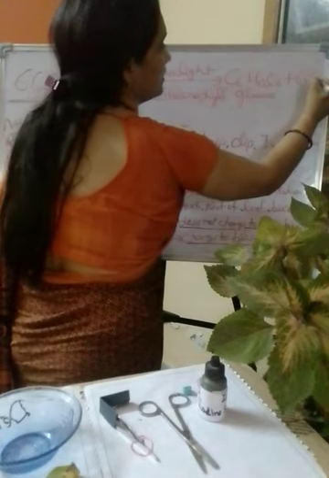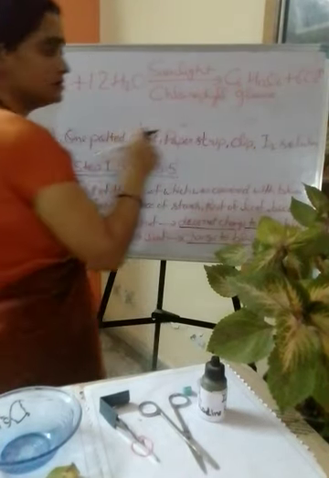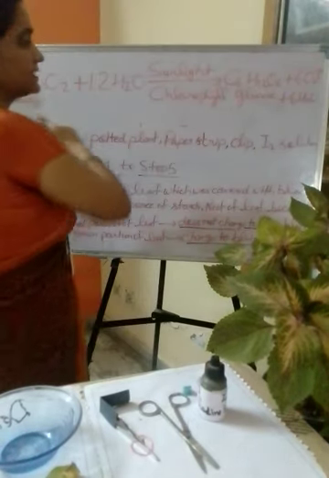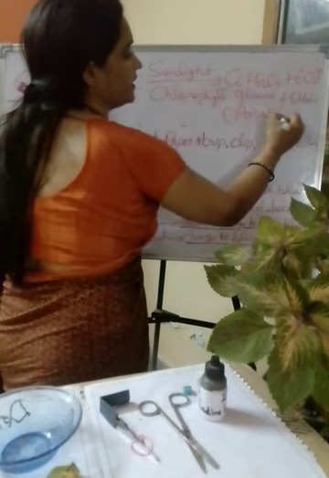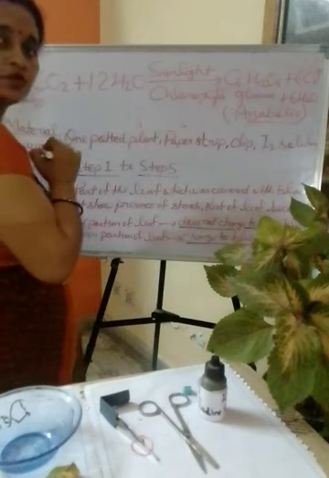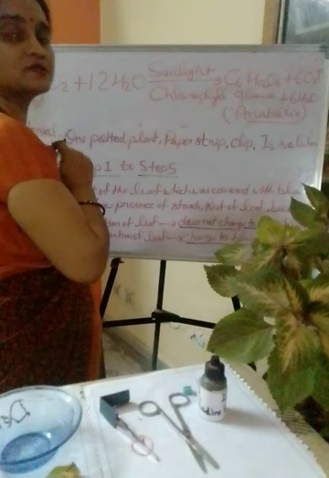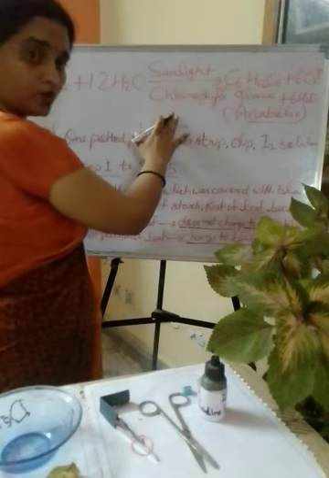Okay. Now oxygen is released from this reaction, plus 6H2O. This reaction is an anabolic reaction because energy is stored in the leaves in the presence of sunlight and chlorophyll.